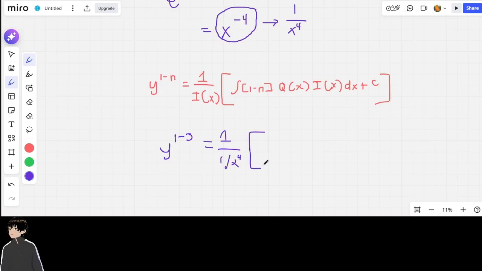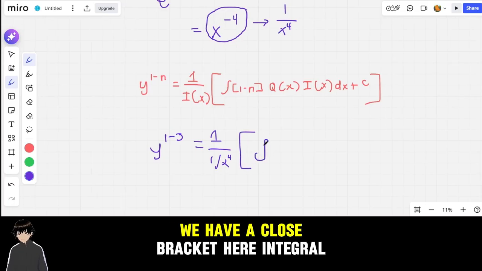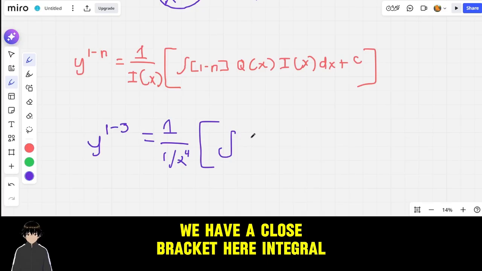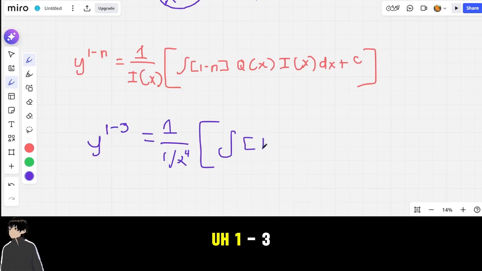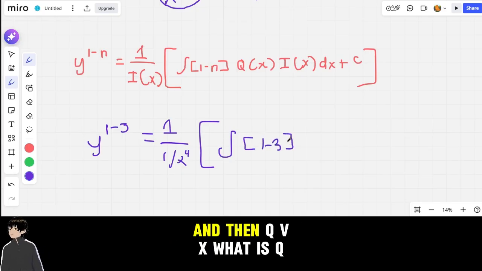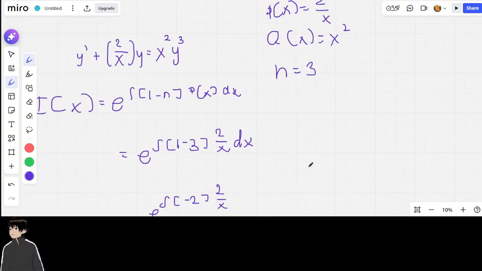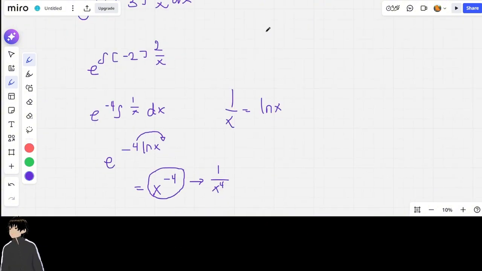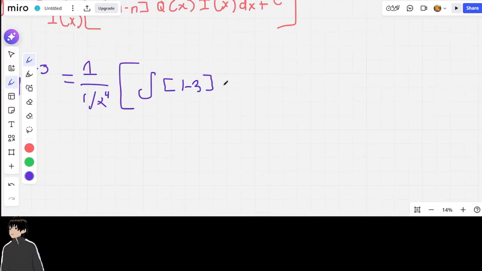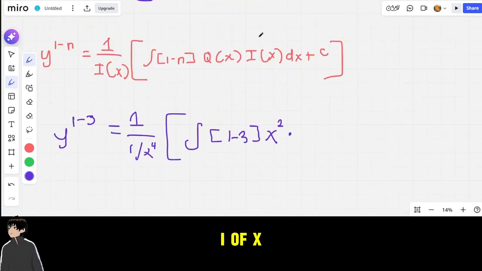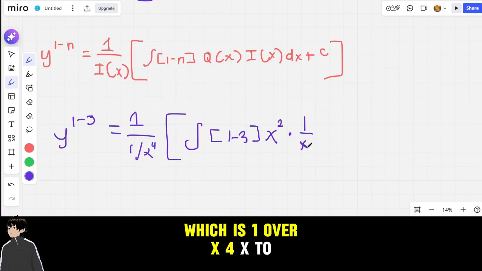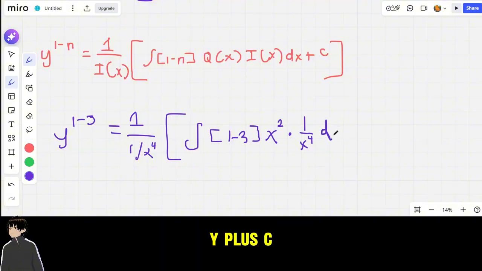And then I have a close bracket here, the integral 1 minus 3. And then q of x, what is q of x? That is x squared times I of x, which is 1 over x to the power 4, dx plus c.